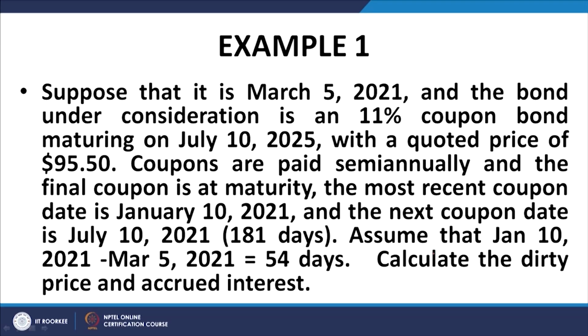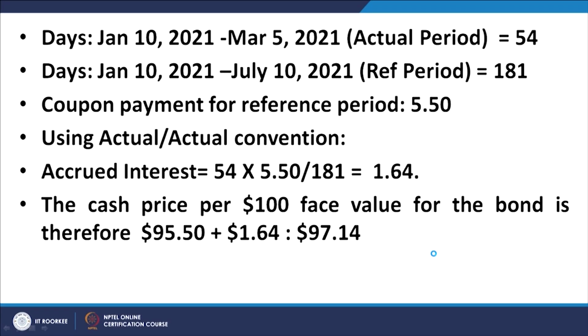The clean price obviously is given to us, that is the quote at which the bond is quoting, which is 95.50. So, the total days between January 10 and March 5, which is the part of the coupon period held by the seller, is given as 54 days and the total days in the coupon period are given as 181 days. Both these figures are explicitly given in the problem.